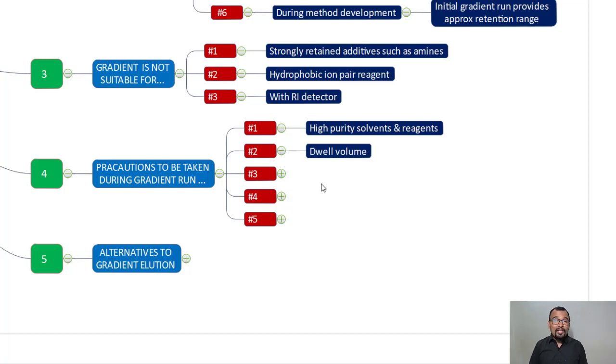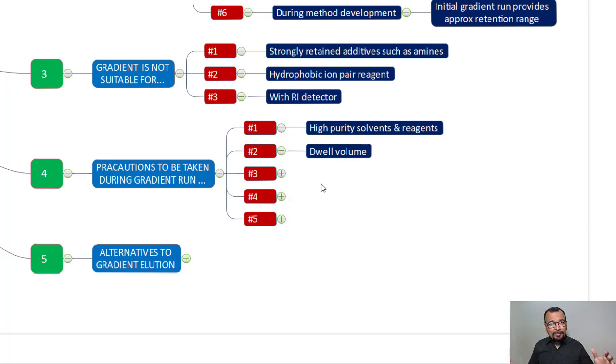Dwell volume. See, the dwell volume is also called the gradient delay volume. This dwell volume consists of the HPLC volume from the gradient mixer till the head, or inlet, of the analytical column.